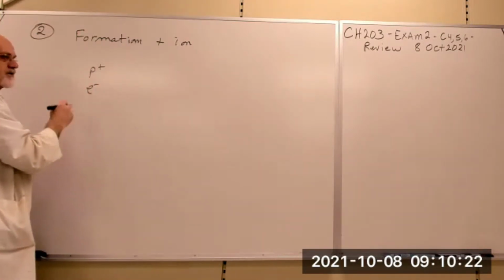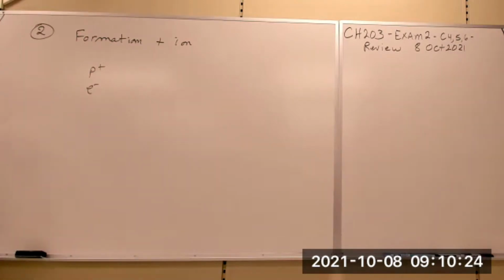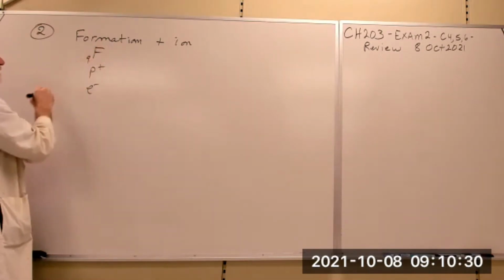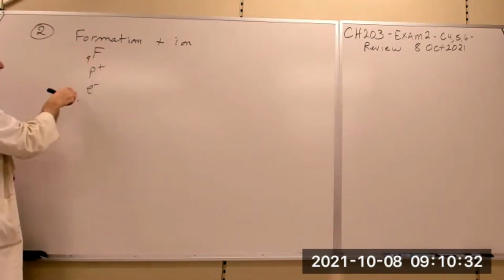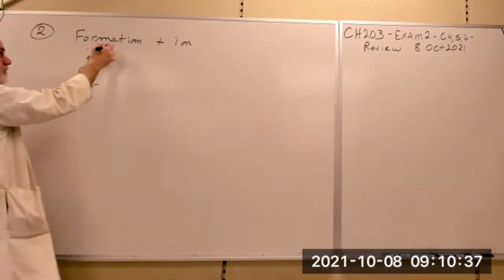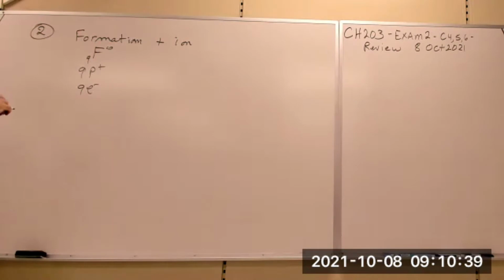Let's just say for argument's sake you have fluorine. It has an atomic number of 9, so it has 9 protons and 9 electrons if it's neutral, right? That's a bad choice. Why? Because halogens don't like to lose electrons.